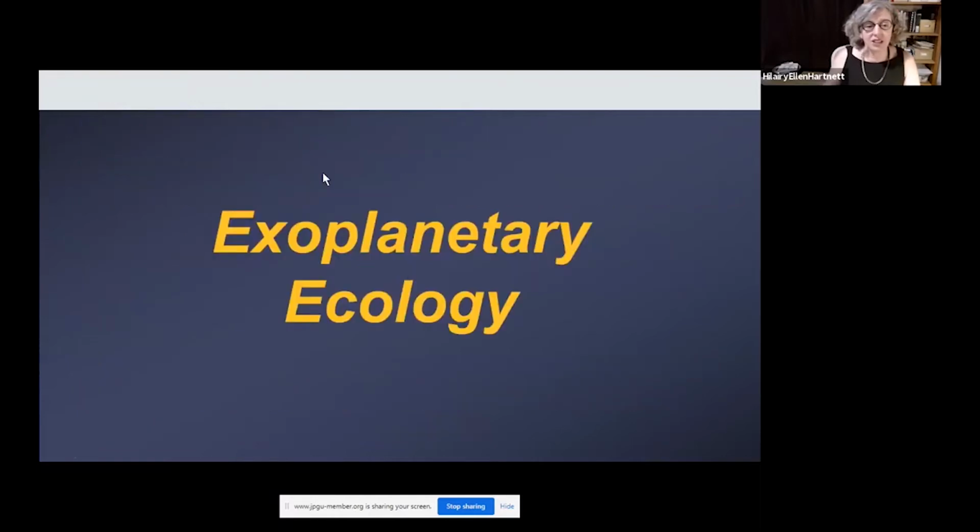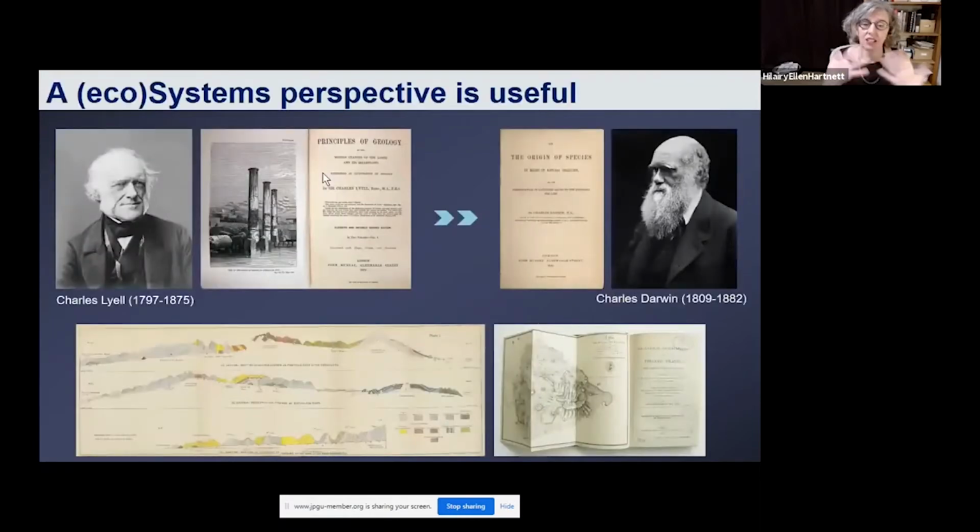So, exoplanetary ecology. The lack of data shouldn't stop us from thinking about exoplanets. We can look to the Earth and we can build models. And ecology has been a key part of thinking about Earth system science for a long time.